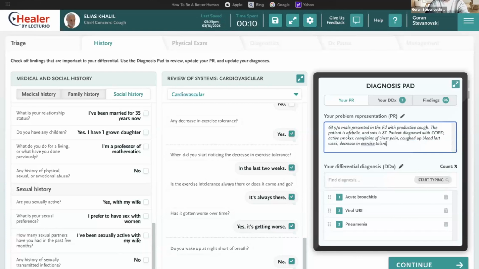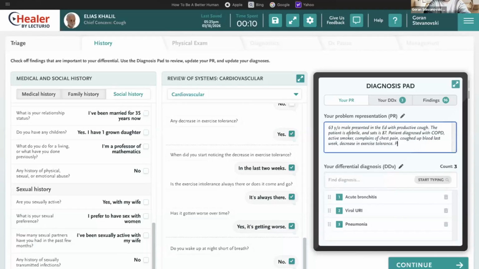Now, what's really important here is that I would organize this better were I to have more time. So I'm just writing almost everything that I find, which is important for us to note. And we will see how this plays out when we go into the feedback.